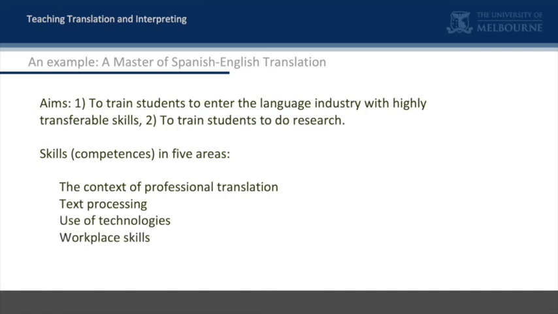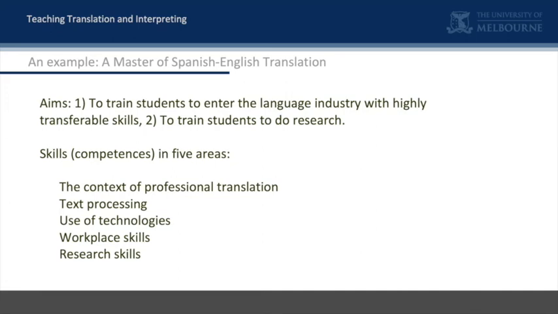They have to have skills in the workplace: teamwork, working together, project management, and time management especially. And then the 5th one was research skills, because the institution requires that. I think in other places I've set up a master program with just those first 4, because the aim was not to produce researchers, but I'm happy to include that if the institution wants it.